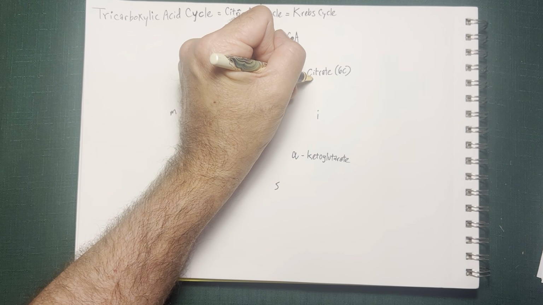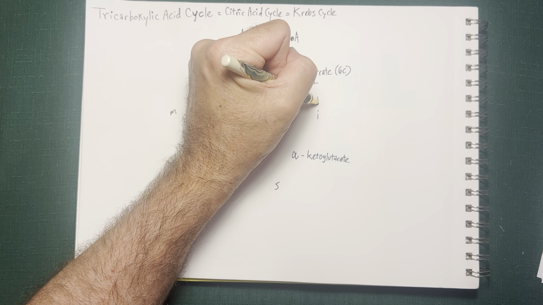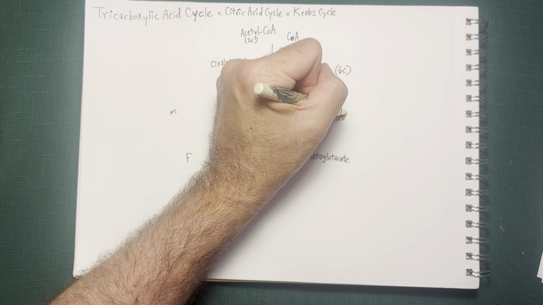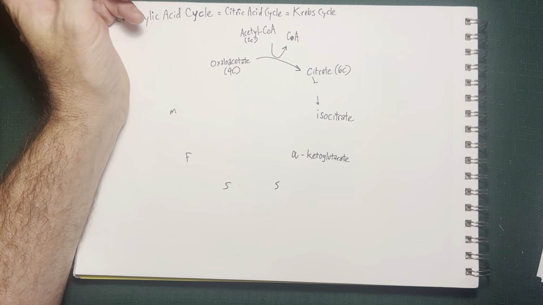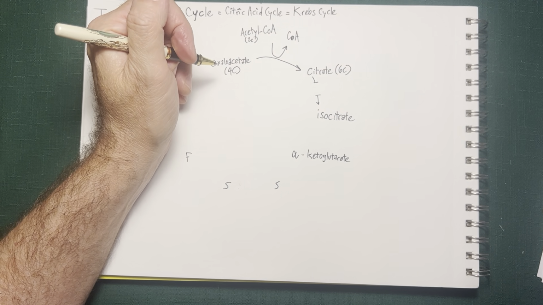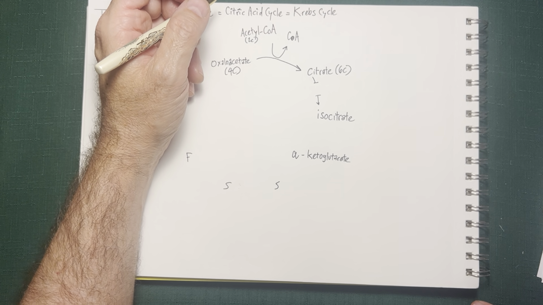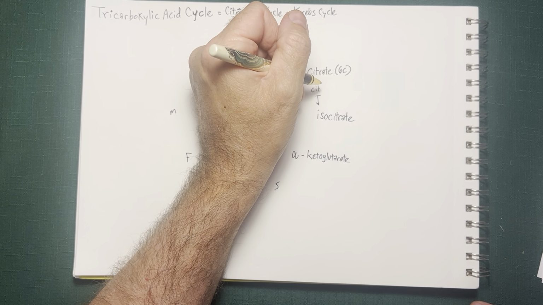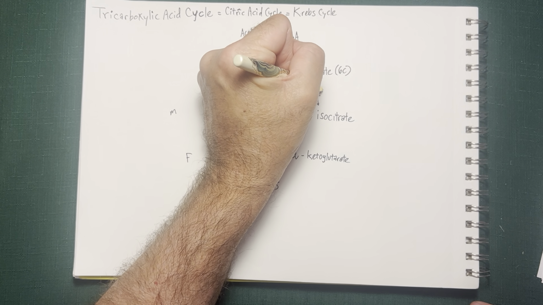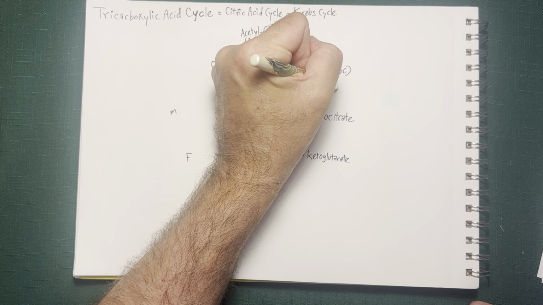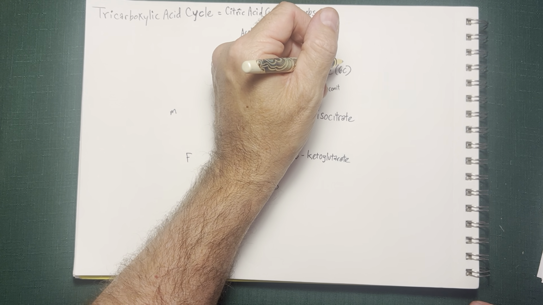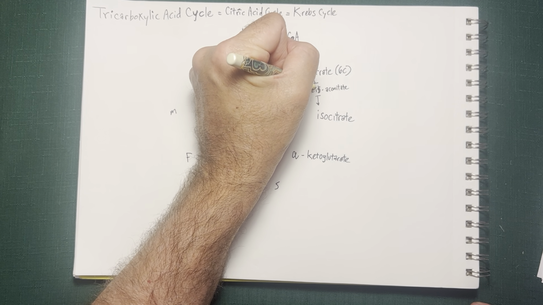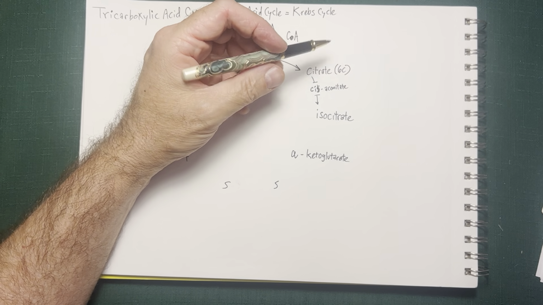And then that's going to get converted into isocitrate, which is an isomer of citrate. And you may see as an intermediate here one that is called cis-aconitate.